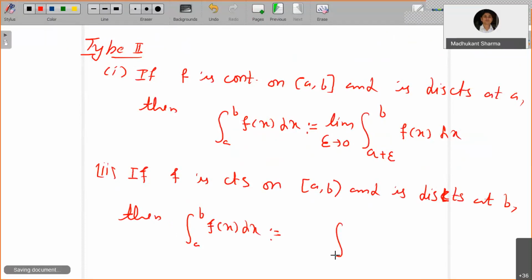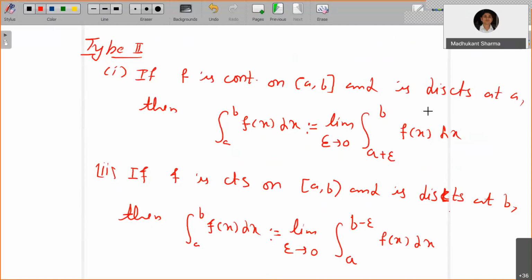If you consider b plus epsilon, we don't know about the function because it is defined only on a to b closed. So instead you use b minus epsilon as the upper limit, and take the limit as epsilon tends to 0. If this limit exists, then we say that this improper integral converges, in the case of discontinuity at b, and likewise for discontinuity at a.